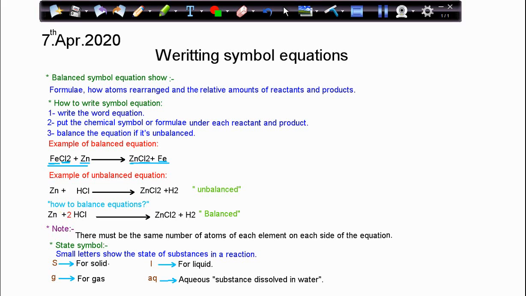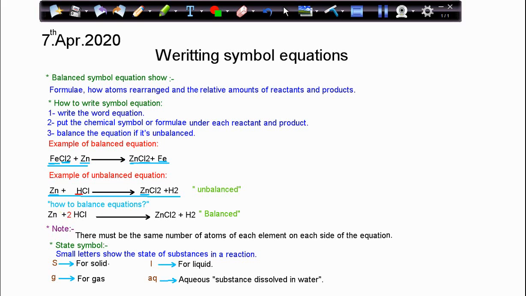Okay, what about the unbalanced equation? In the unbalanced equation, I have here Zn plus HCl gives ZnCl2 plus H2. Okay, take a look at Zn here. Zn 1 and one Zn here. What about HCl? Okay, let's take a look at the hydrogen here.